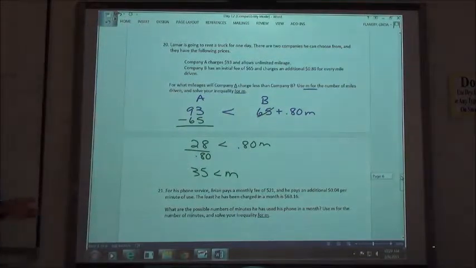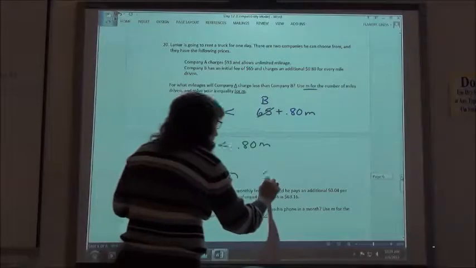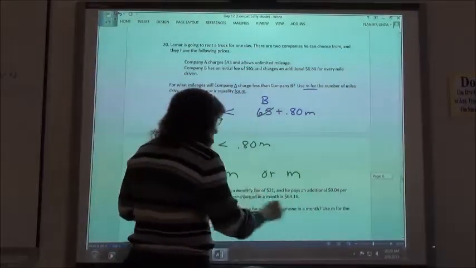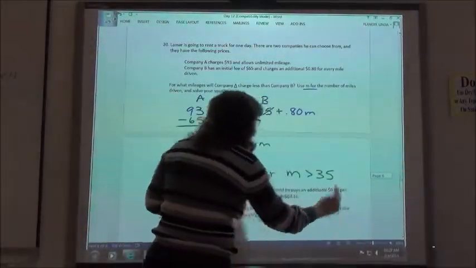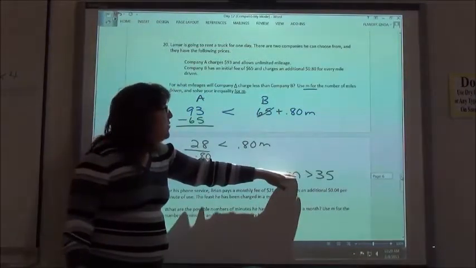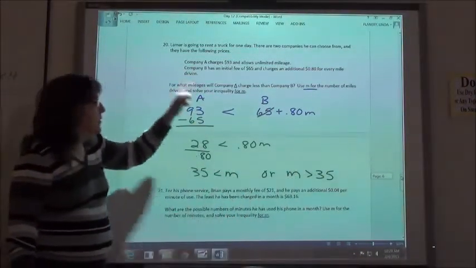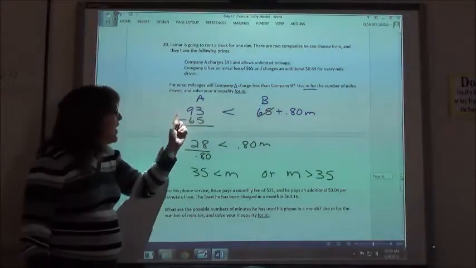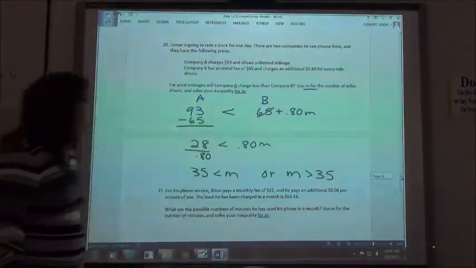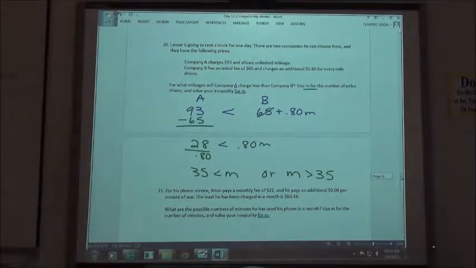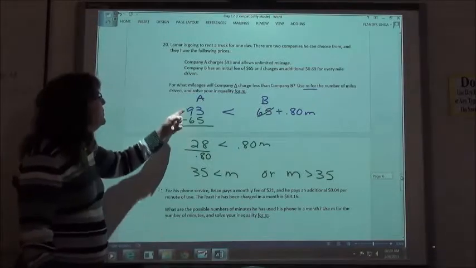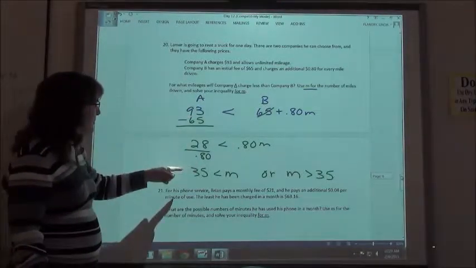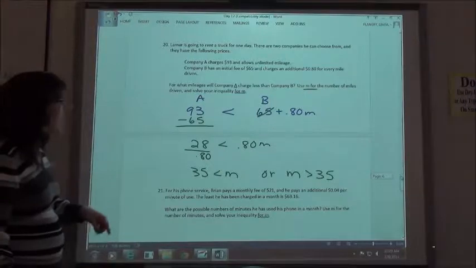Now probably in your head 35 is less than M does not make a whole lot of sense, but we could switch that around and say M is greater than 35. If we drive more than 35 miles, then A is going to be less. Does that make sense? M is greater than 35.